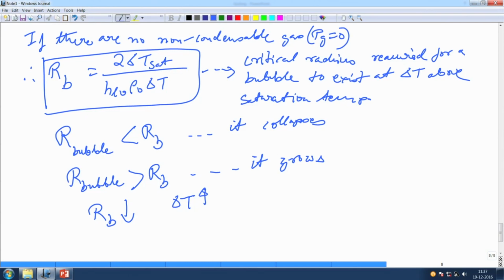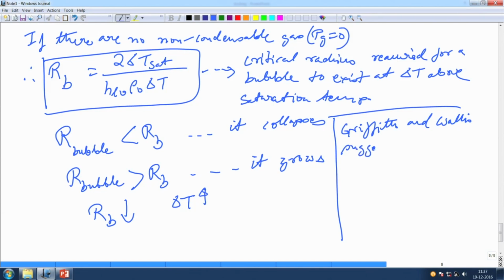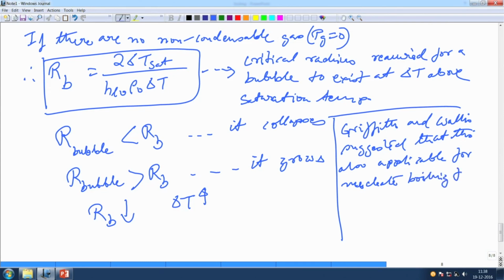Now, Griffith and Wallace suggested that, so this is for homogeneous, right, Griffith and Wallace actually suggested that this is also applicable for nucleate boiling from a surface, from a microcavity.